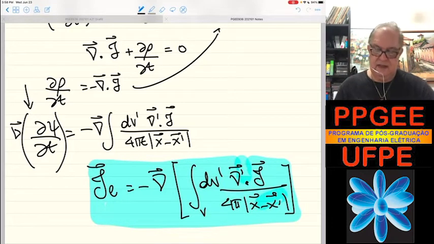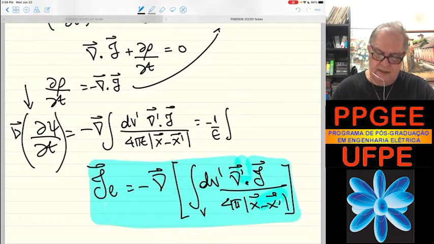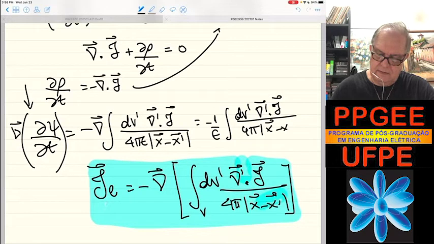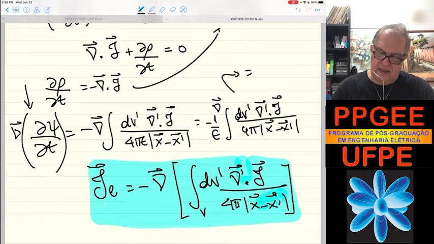So it equals minus 1 over epsilon times the integral of nabla, right? So we can see that this thing here equals that one. So in fact, this equals JL divided by epsilon. That's what it is.